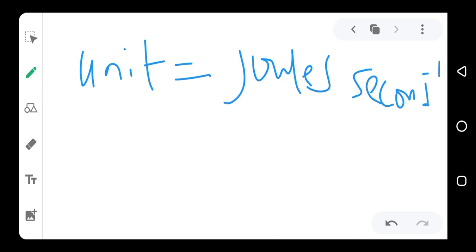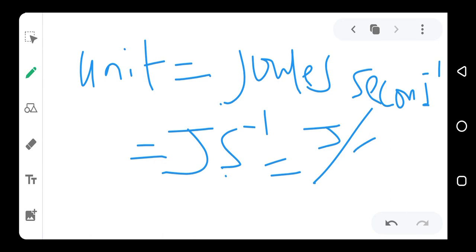Now, remember that we can abbreviate joules to J. The same way, we can abbreviate second to S. So the unit is also J per second. If we want to remove that division sign, we write that symbol and write raised to power minus 1. So this is the same thing as J over S. This is joules per second.